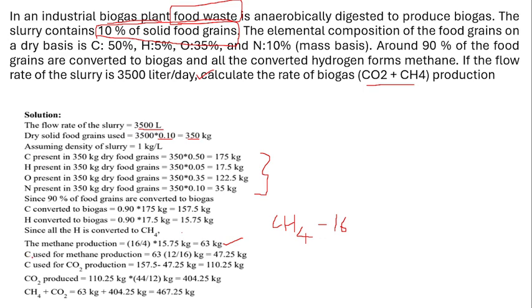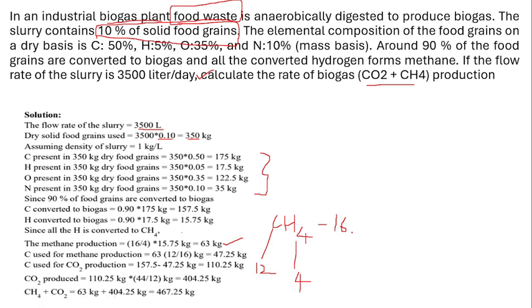Now, the amount of carbon used for methane production. So we need to find the amount of carbon used. For the production of 16 kg of methane, we require 4 kg of hydrogen and 12 kg of carbon, right? So now we are going to find the amount of carbon used.